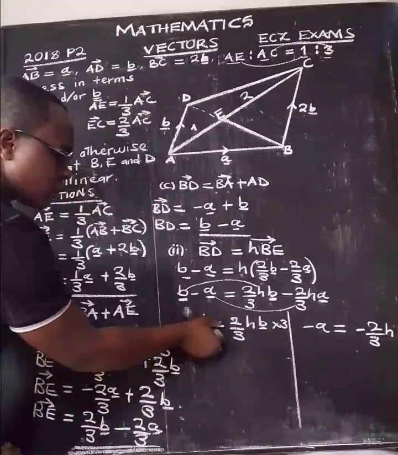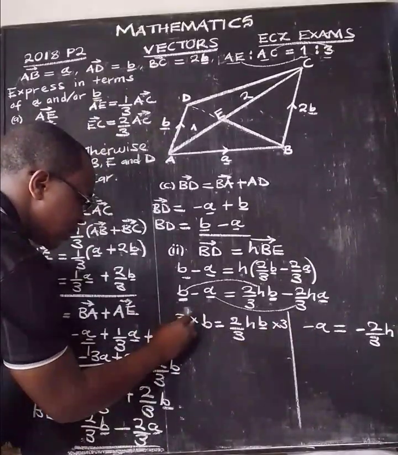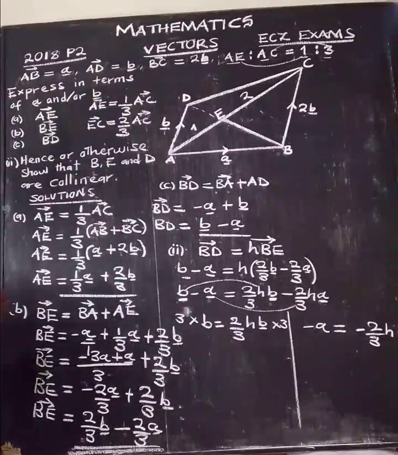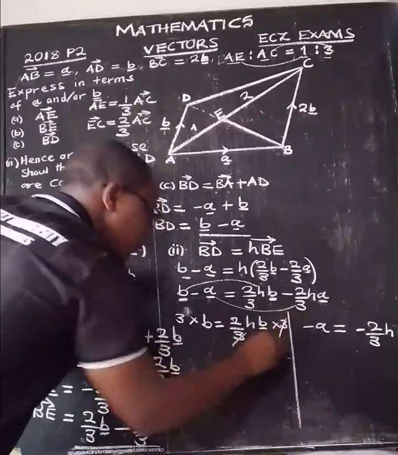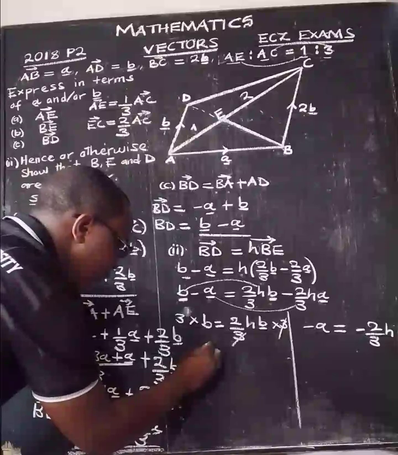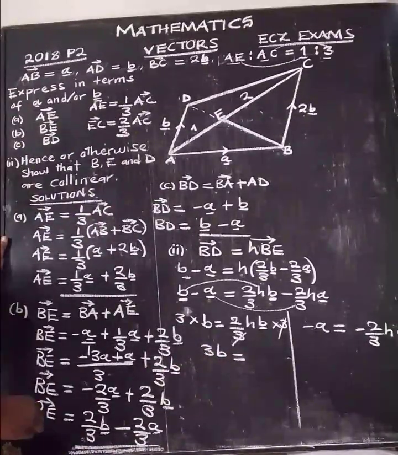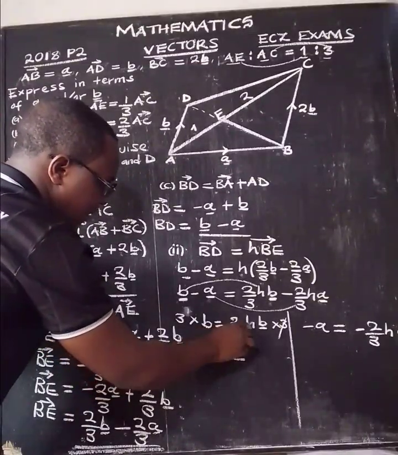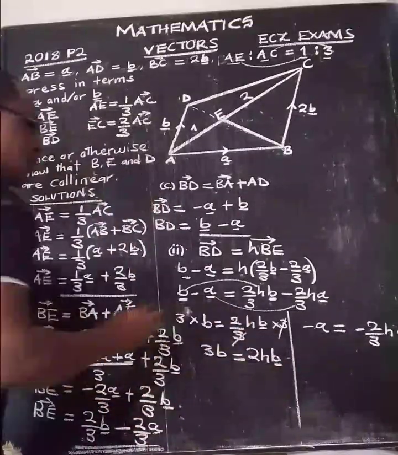Since we have an equal sign, if we multiply by 3 this side, you also multiply by 3 on the other side, such that these 3 and these 3 are going to cancel. Then here we are going to have 3B is equal to 2 times h, you're going to have 2h vector B.